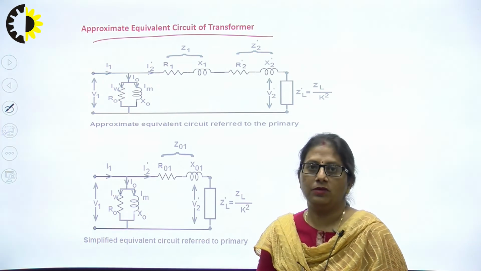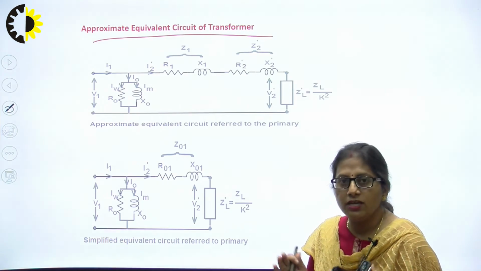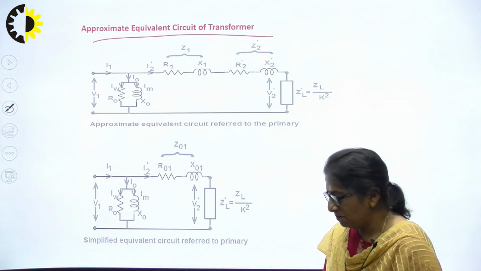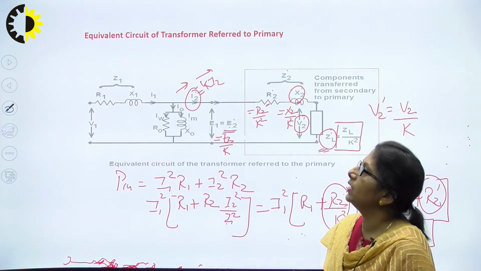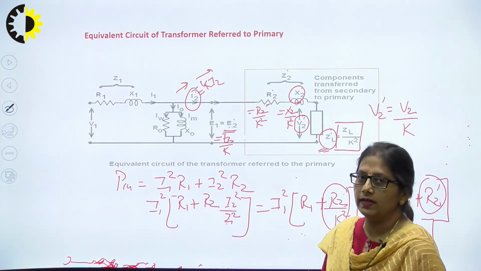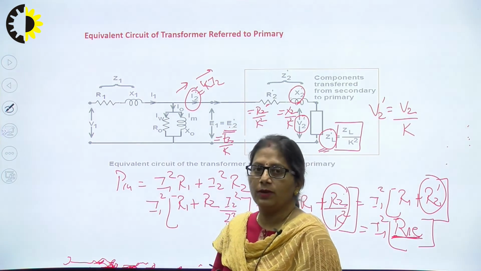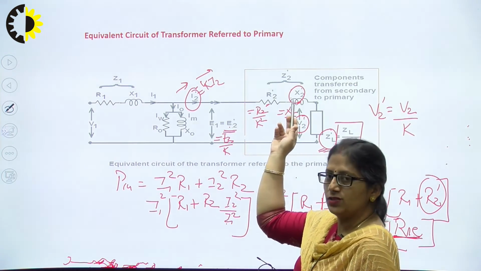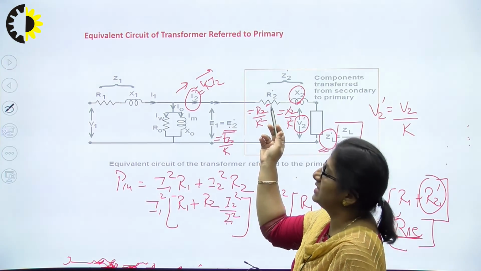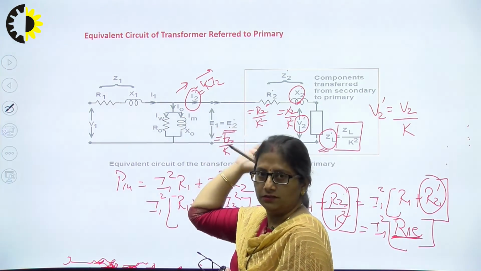Now is the approximate equivalent circuit of the transformer referred towards primary side. In this, we have made an approximation. If you just see the earlier equivalent circuit referred towards primary side, here I have R1 and X1, the primary resistance and reactance, and the secondary resistance and reactance referred towards primary side, but the currents flowing in both of these are different.